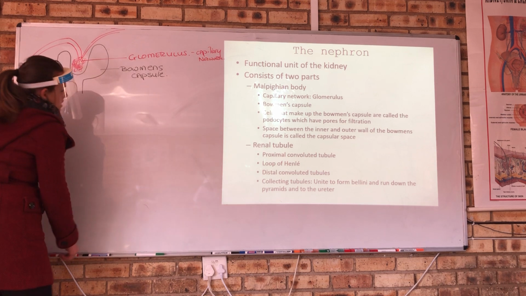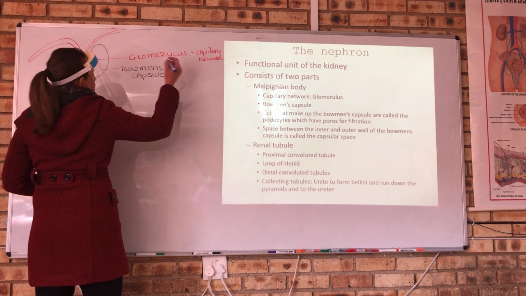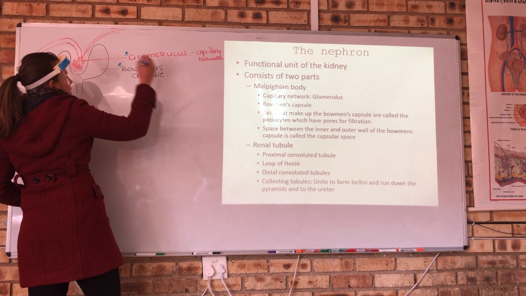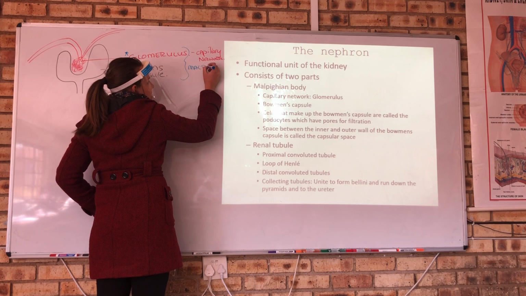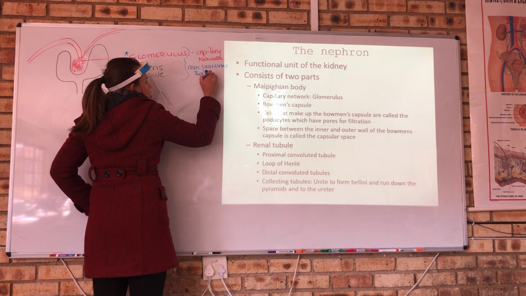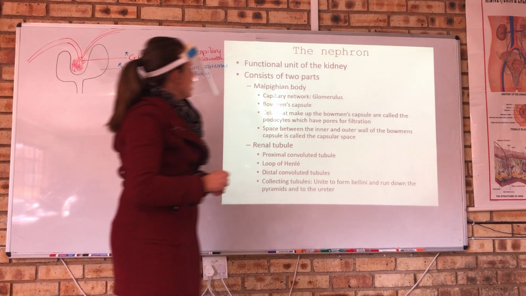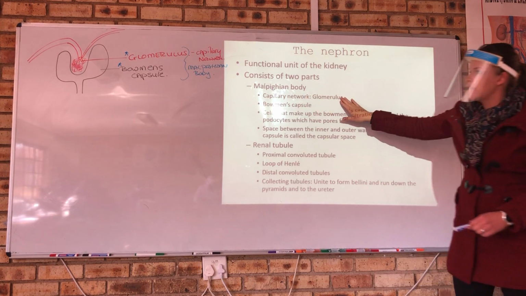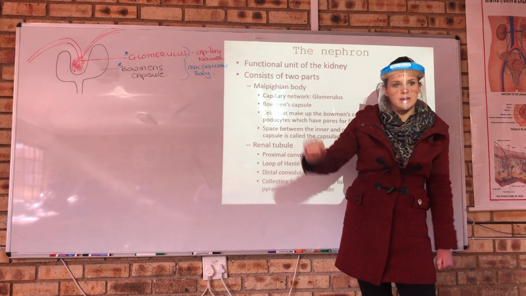Together, the glomerulus plus the Bowman's capsule, so these two together, this one plus this one, form something called the Malpighian body. So this top part is called the Malpighian body. It consists of the glomerulus. Do we understand that? Tick. Bowman's capsule. Do we understand that?